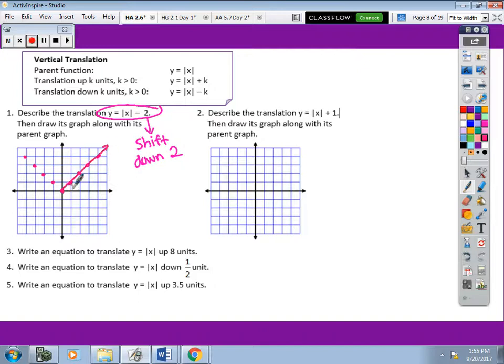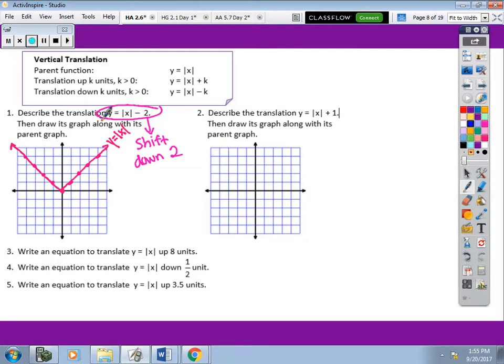And then we'll connect the dots. Now, since we're going to graph 2 equations on the same graph, at the tip of one of the arrows, just write that this is the parent function, y equals the absolute value of x. And I'll use a different color for the other one.